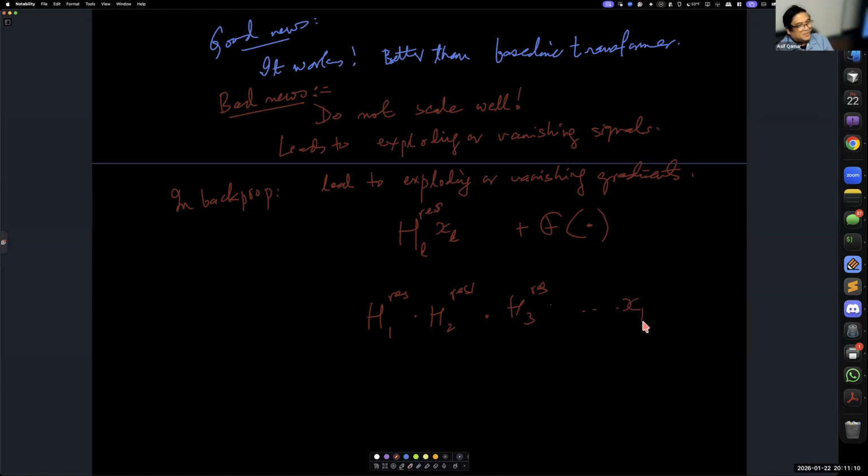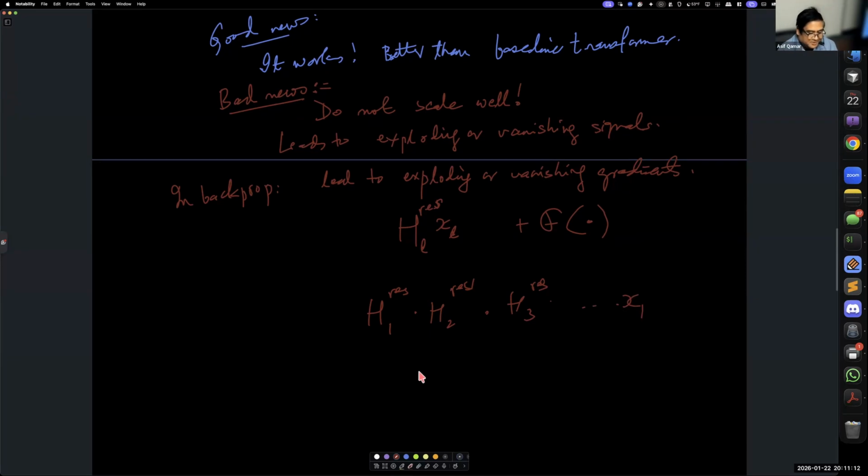You see that, right? Multiplication. It is written in the paper with the symbol of multiplication, the product of Hi up to layer of Hi, the residual layers. Now the multiplication has a very weird thing.